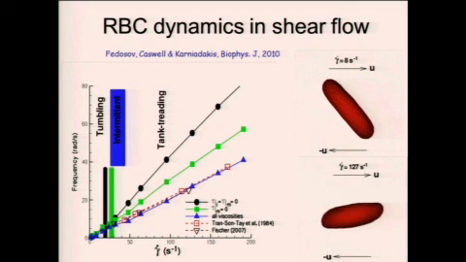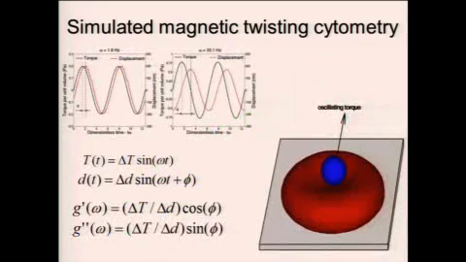One of the things that the tumbling case also helped us with is to get the bending modulus fairly correctly. This is an experiment which is called magnetic twisting cytometry.